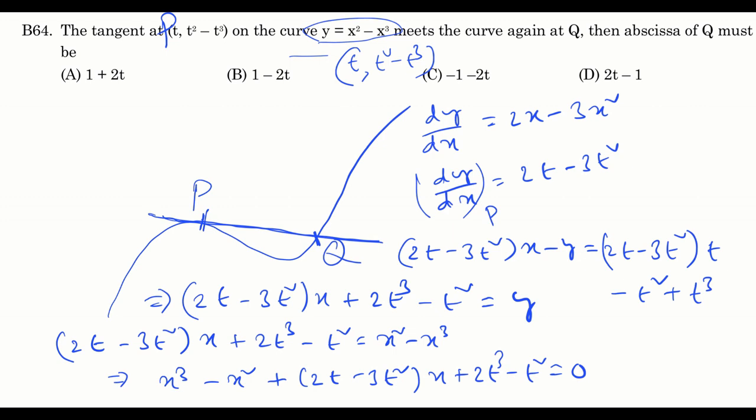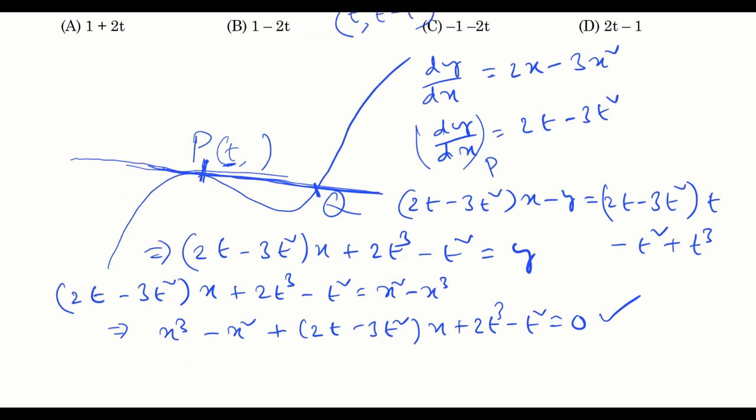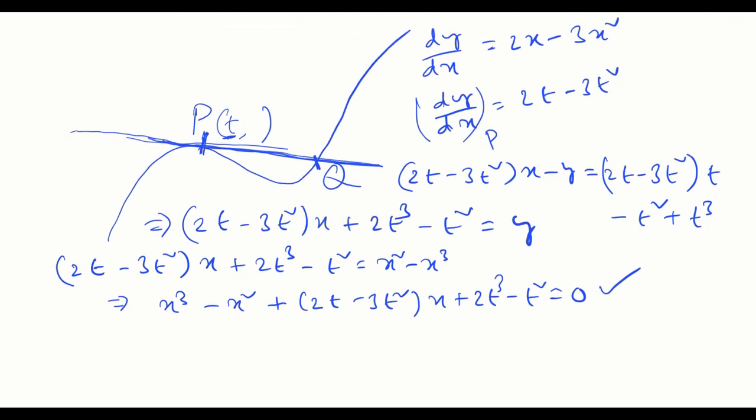Now we know that it is difficult to solve a cubic equation, but I want you to observe that here luckily x coordinate is t, so t is a common point to the tangent and the curve, so obviously this equation is satisfied by t. So one root is nothing but t.